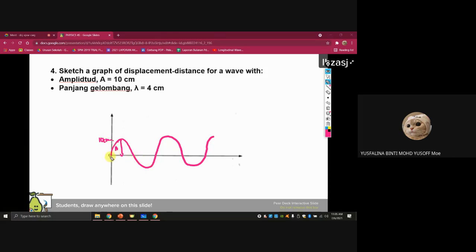So I took two semicircles. Here is 4 cm, here is 2 cm. And the label here should be S over cm, and here should be D over cm. So are you clear? Anyone have any question?